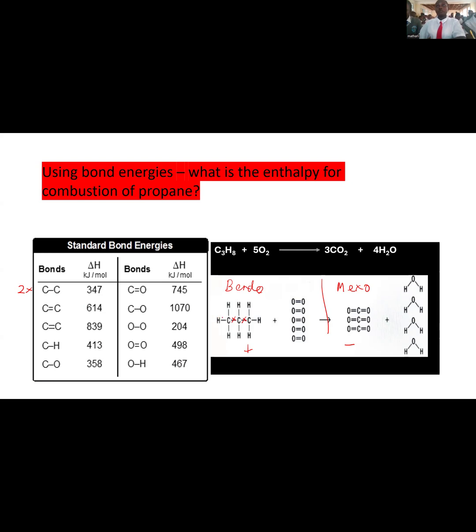And I'm going to need 1, 2, 3, 4, 5, 6, 7, 8 of those carbon to hydrogens. And I'm going to break 1, 2, 3, 4, 5 of those there, and so on. Okay, so I'm going to add all those up, and that will be a positive number.